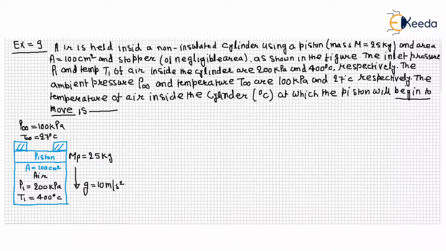As shown in the figure, the initial pressure of the system is 200 kilopascal and the temperature is 400 degrees centigrade. The ambient pressure and temperature, that is the surrounding condition, are also given: 100 kilopascal and 27 degrees centigrade.